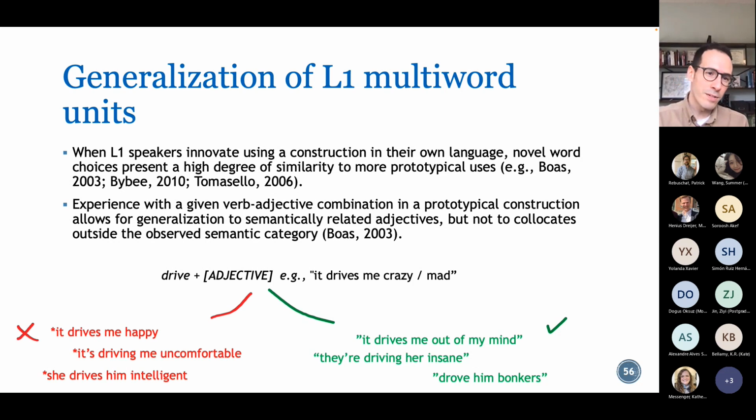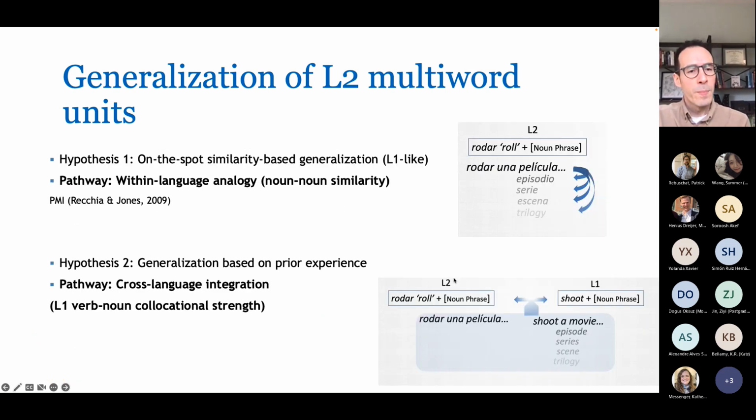So other utterances that would not be acceptable would be things like "it drives me happy" or "uncomfortable" or "she drives him intelligent" or even "sane." So clearly all the accepted innovations have a high degree of similarity with the more prototypical and highly frequent use of the construction, as in crazy and mad.